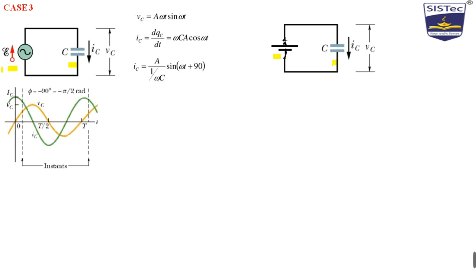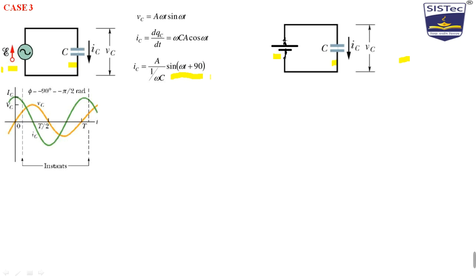So in the capacitor case, the equation we are getting is sine omega t plus 90 degrees, and in the case of the inductor we were getting sine omega t minus 90, and in the case of the resistor sine omega t.